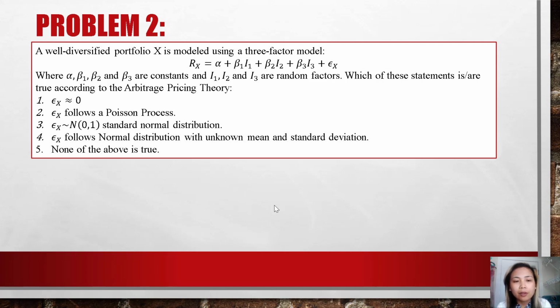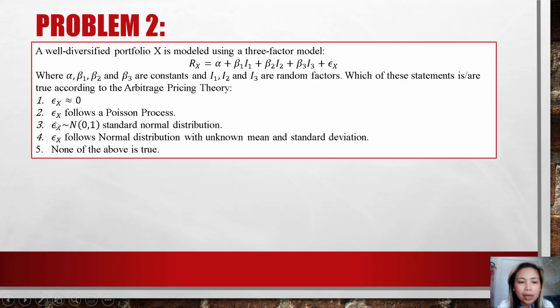Another way to think about it is the expected value of epsilon X should be 0. So 1 is true. Now for statement 2, epsilon X follows a Poisson process. This is completely wrong. For any factor model, we have epsilon X should follow normal distribution. That is the assumption for any linear model. So 2 is incorrect.